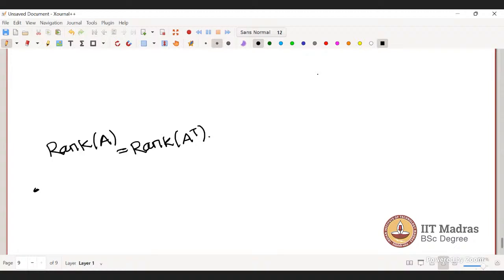Yeah, graded assignment question number 3. It is basically asking you the dimension of the vector space. The operation is the usual addition and scalar multiplication, right?